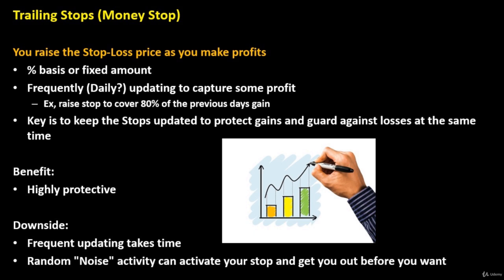Then I'm looking at maybe where it might drop 2.5%, 3%, and my stop loss is activated, as in I sell the security automatically, locking in those gains, which is a good thing. But the downside is maybe that wasn't really an event, and maybe I missed out because now it went back up as far as the profit. So you can adjust that, putting those trailing stops in, and then adjusting it either on a percentage basis or a fixed amount.